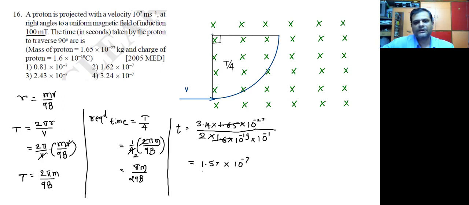So here it will be 1.57 into 10 raised to minus 7. So 10 raised to minus 7 तो सबके अंदर है, but the closest answer is actually going to be 1.62 here, because we have approximated it here. यहाँ पे हमने approximation किया है, इसलिए उसकी वजह से थोड़ा आंसर जो है ज्यादा तो आएगा जरूर. And it will be actually 1.62 into 10 raised to minus 7 seconds. Okay, this is the time.